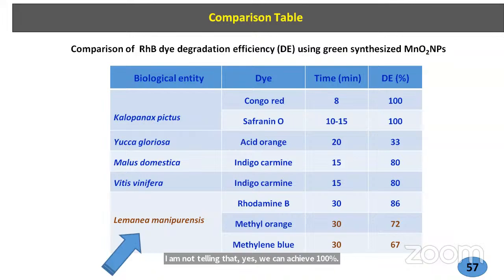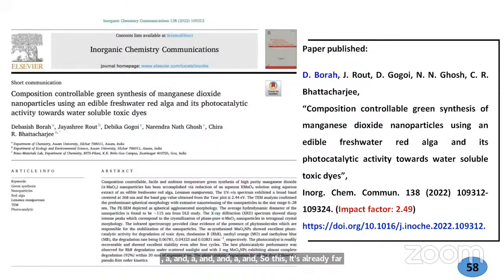It is comparable because 86% approaches another well-known biological entity with a degradation efficiency for rhodamine blue. So this algae is very close to these other well-authenticated organisms.